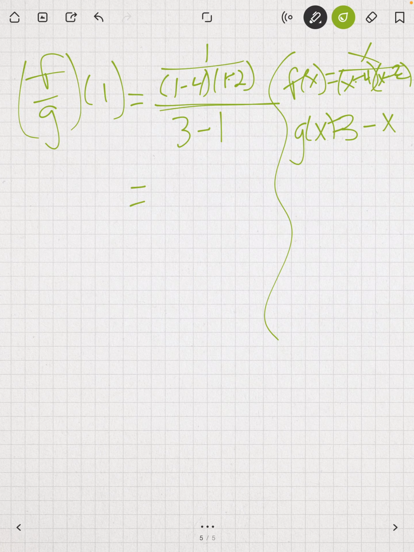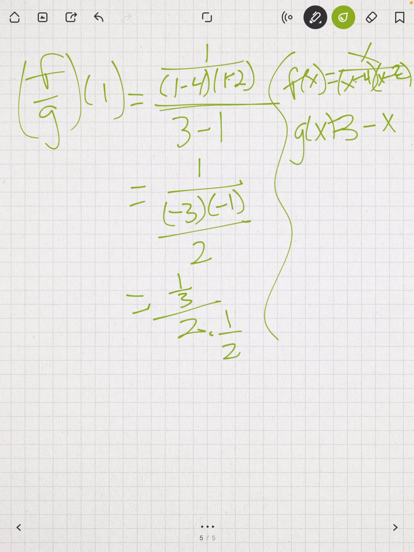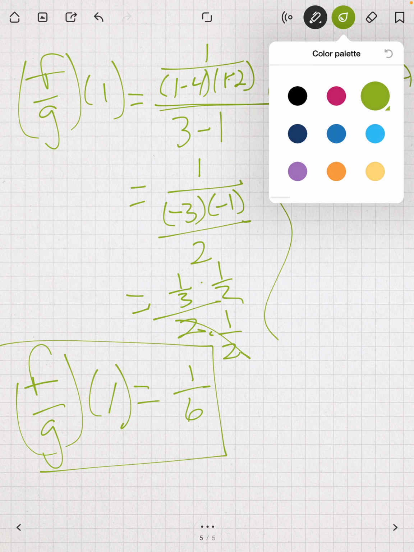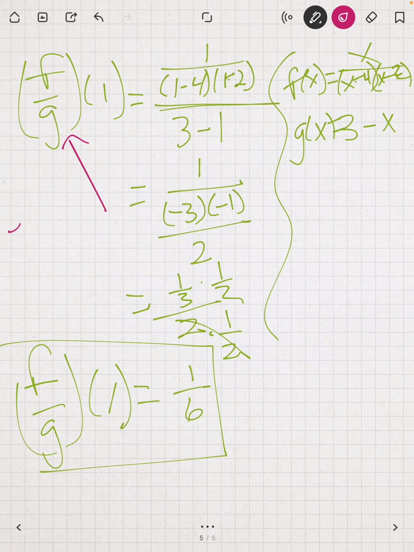And then we have 1 over negative 3 times negative 1, over 2. Negative 3 times negative 1 is 3. 1 over 3 over 2. And so we can multiply the top and the bottom by a half. It's 1 over 6. So f over g of 1 is 1/6.